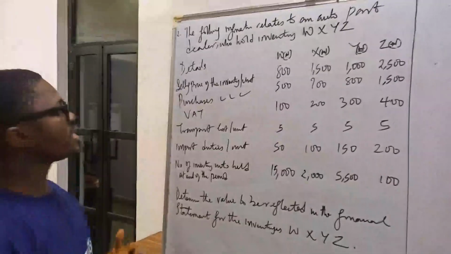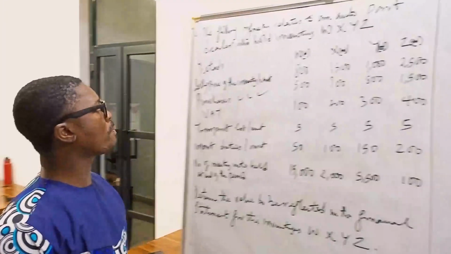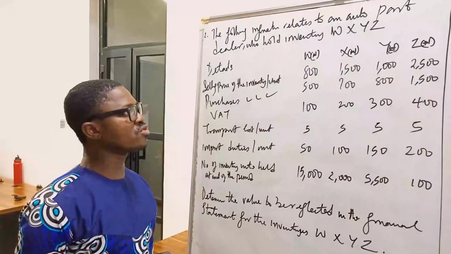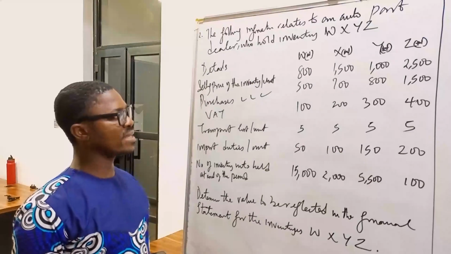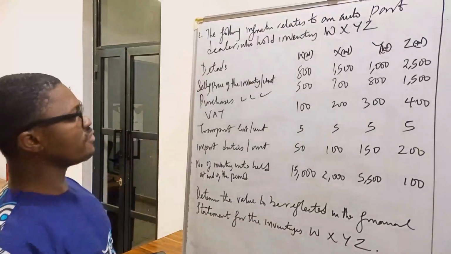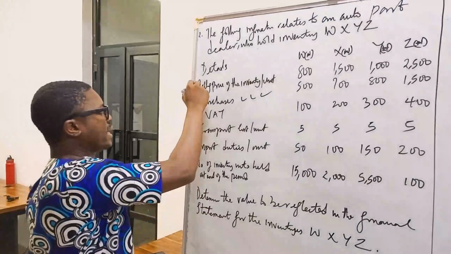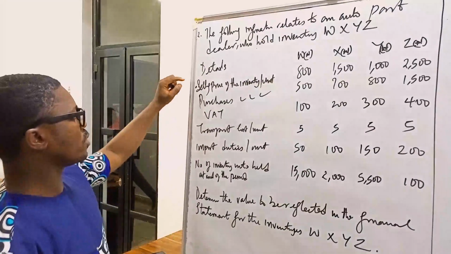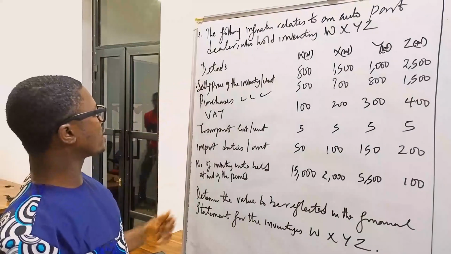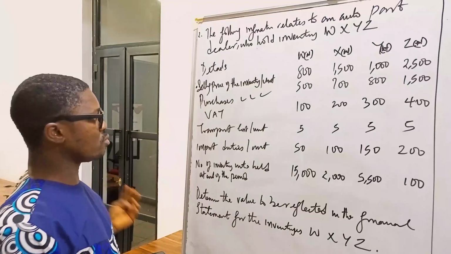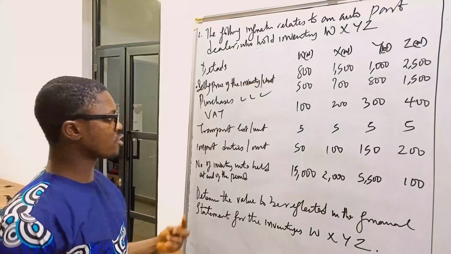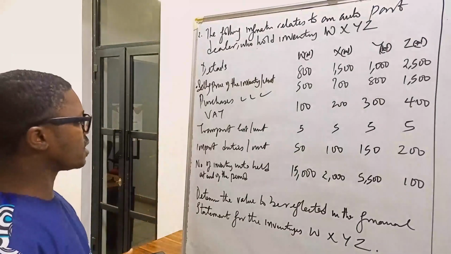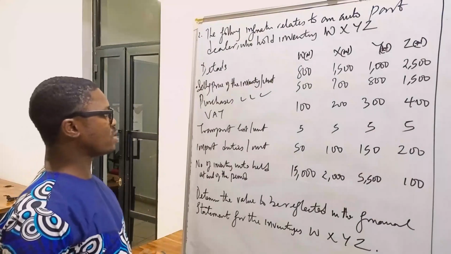Here we have the following information relating to an auto part dealer who owns inventory WXYZ. We have details of the inventory. This is the selling price per inventory. Of course, we know that this selling price will help us to get the net realizable value, should there be cost to sell. Here we have the purchase of the inventory per unit.